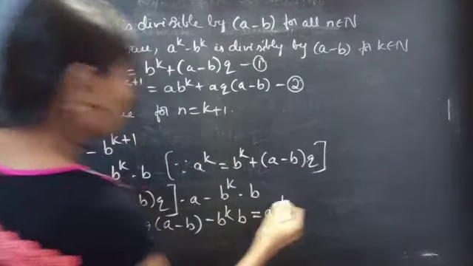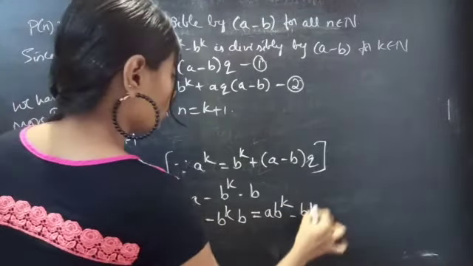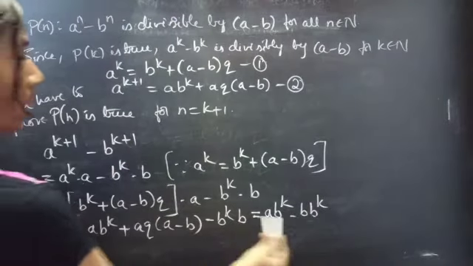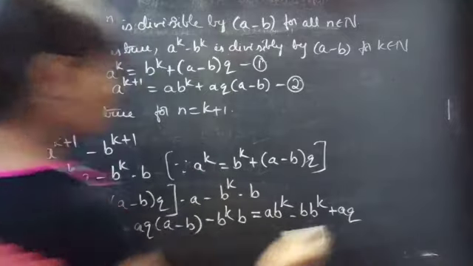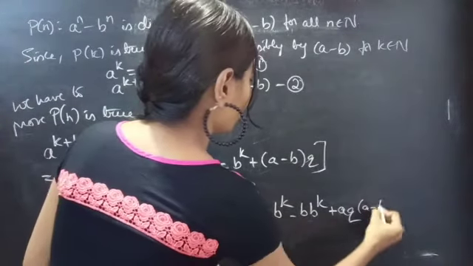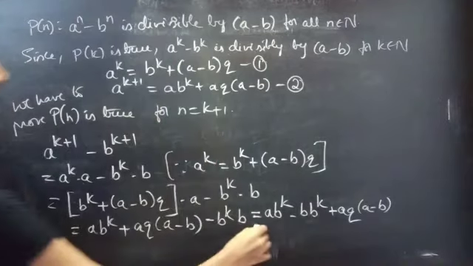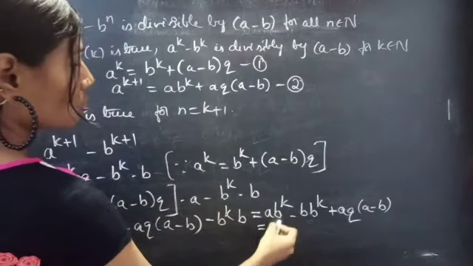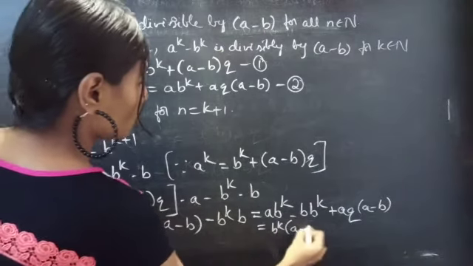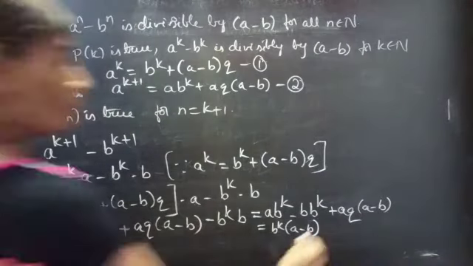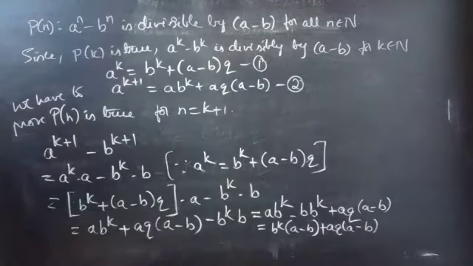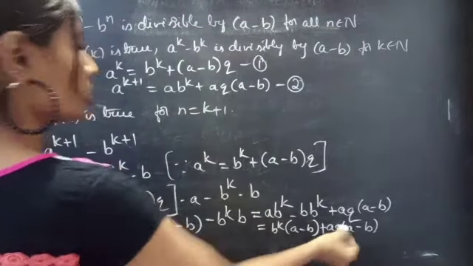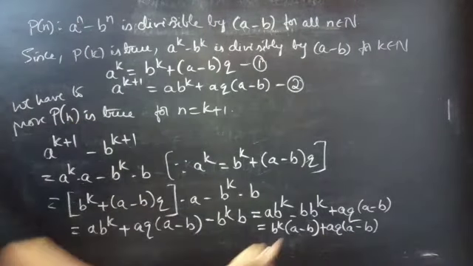So here comes the first term and the third term, b power k into b, or b into b power k, okay, minus b into b power k, plus a q into a minus b, right? So now we can take b power k common from these two terms and we'll get b power k times a minus b, plus this term as it is. Now you're having a minus b in both the terms, so let's take a minus b common from these two terms.